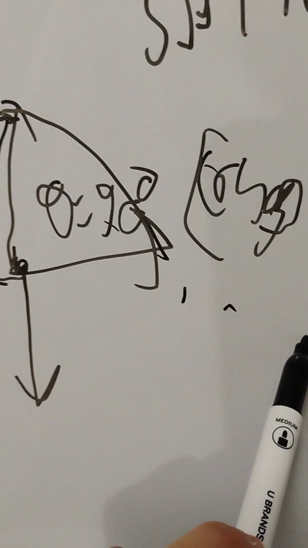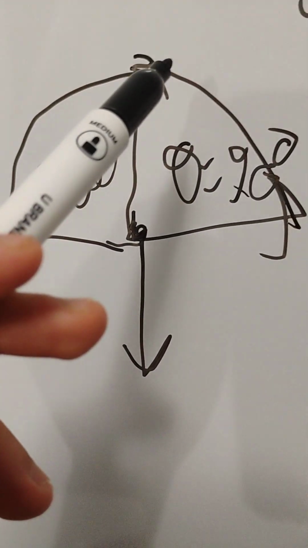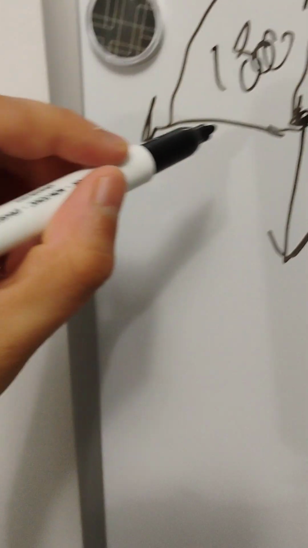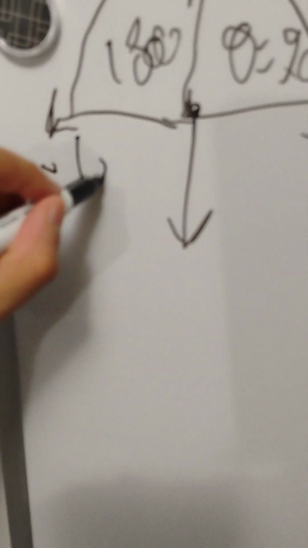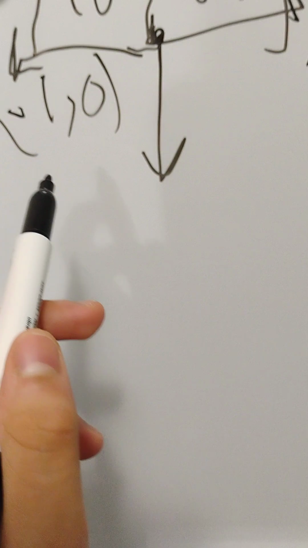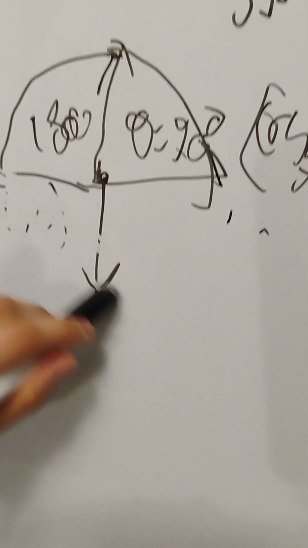This one here is 1, 0, while this one is 0, 1, and this one is negative 1, 0. Since cosine is like the x coordinate, cosine pi is minus 1, while sine pi is actually equal to 0. So let me delete this really quick.